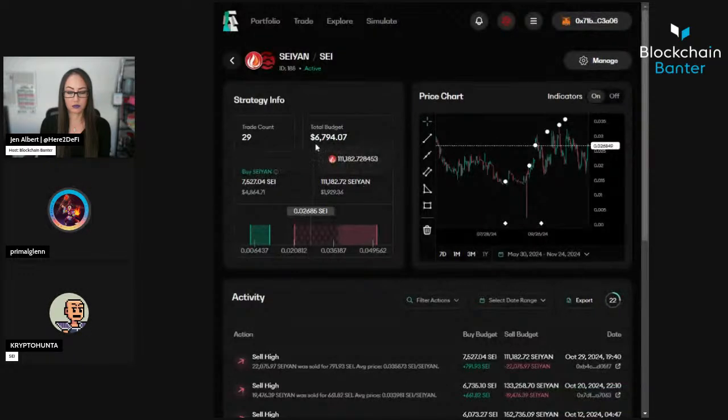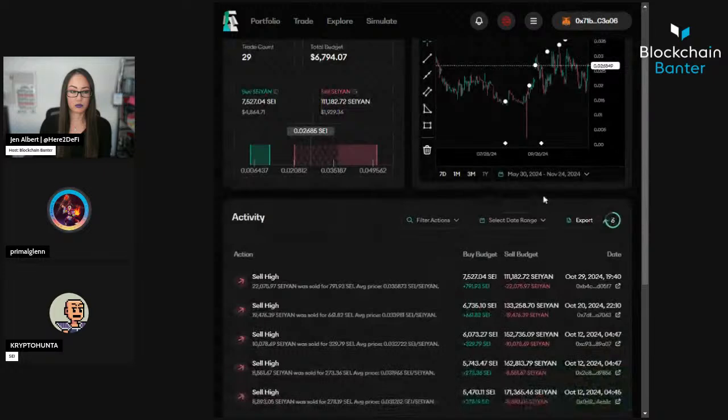This has roughly $6,700 worth of tokens. It already has the minimum amount in Seiyan tokens, and it has some amount in Sei. This is a buy low, sell high strategy. The last time this strategy traded was October 29th. So it hasn't traded recently, but who knows.